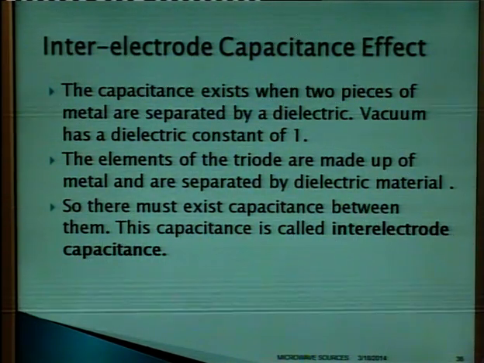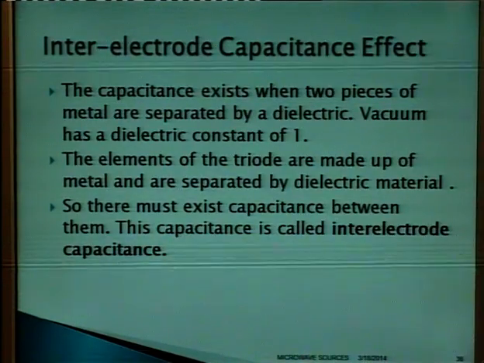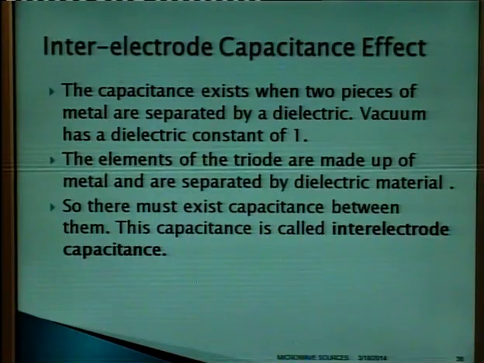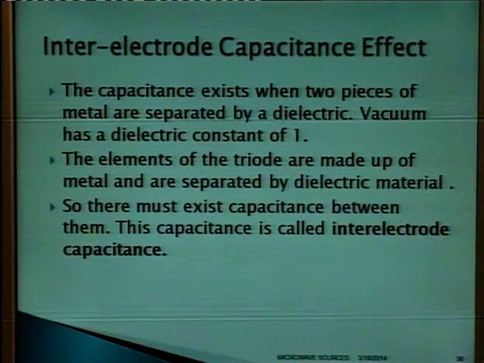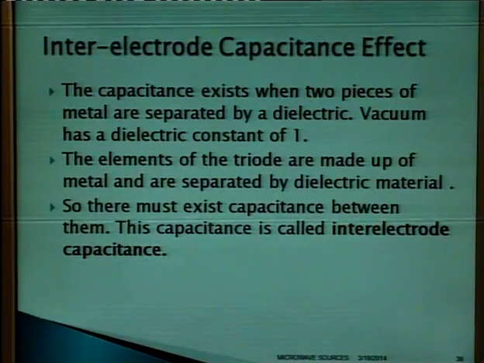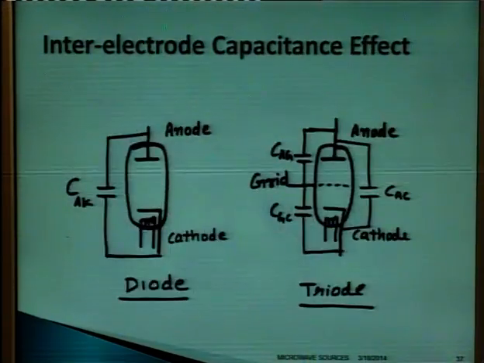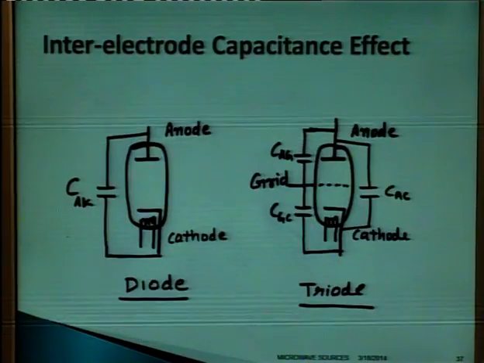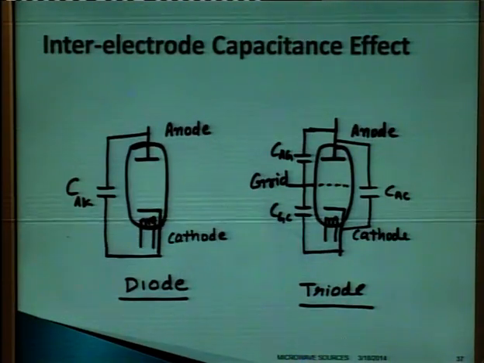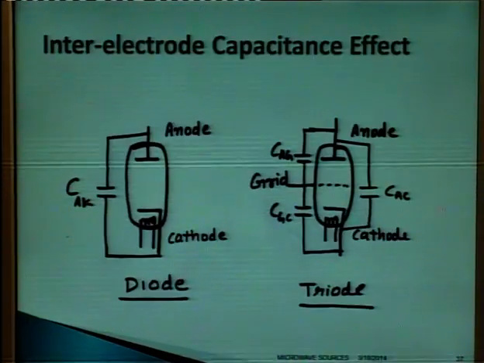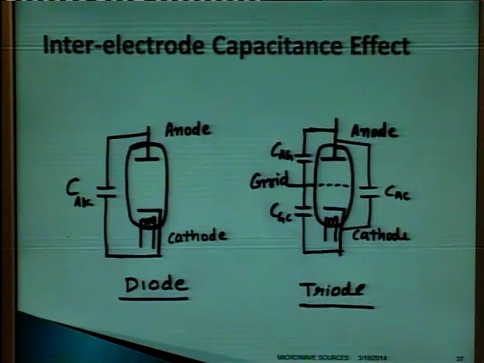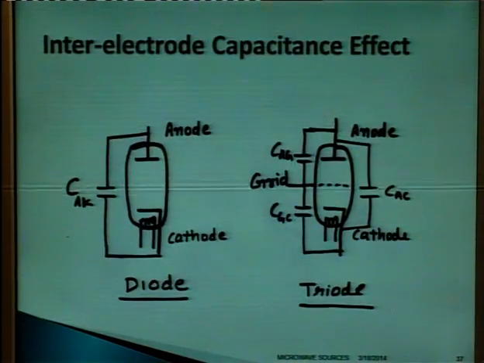So, there must exist capacitance between the conducting plates, and the existence of this capacitance is called inter-electrode capacitance. We can see in this diagram, in a diode we have one anode and one cathode terminal. These are the two electrodes, and in between them we have vacuum acting as a dielectric.